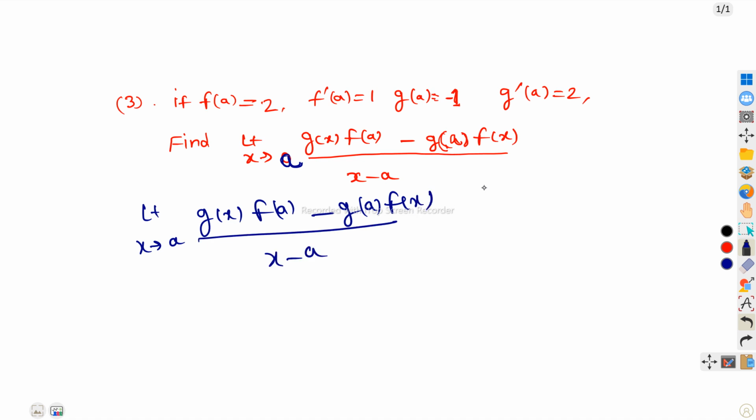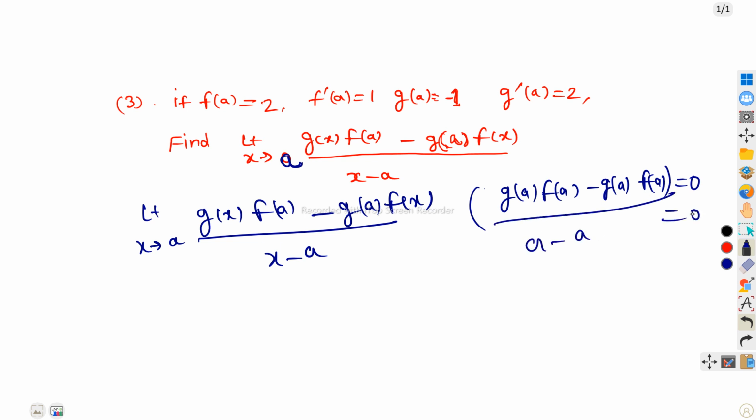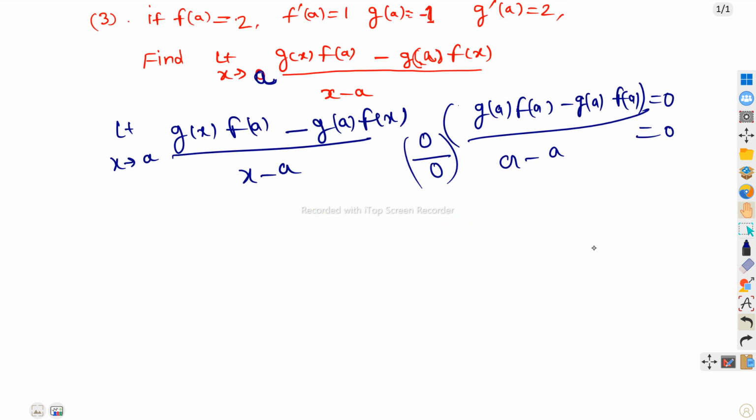If we put x equals a, then numerator becomes g(a) f(a) minus g(a) f(a), which equals 0, and denominator a minus a equals 0. So this is the 0 by 0 form. Then we again use here L'Hopital rule by differentiating numerator and denominator.